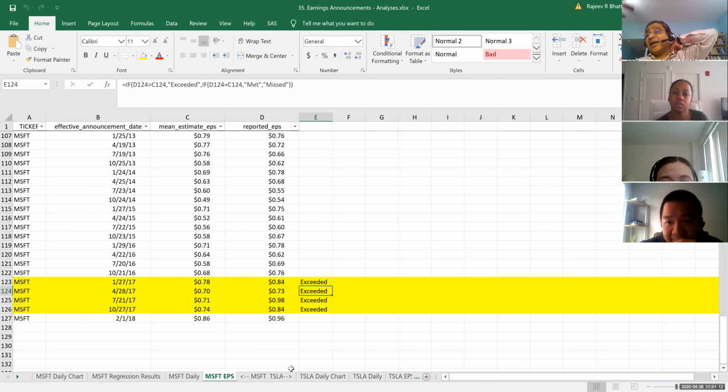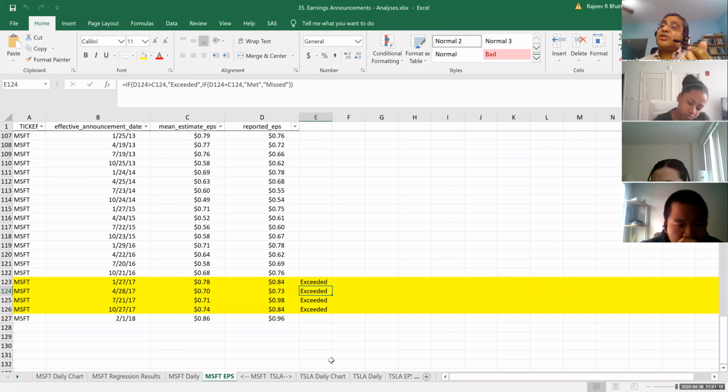Now, one thing that I do in my research: just because you exceeded analysts' expectations does not necessarily mean it was good news for the market. Good news is not the relevant thing when we are doing market efficiency. It is whether it is better than expected.